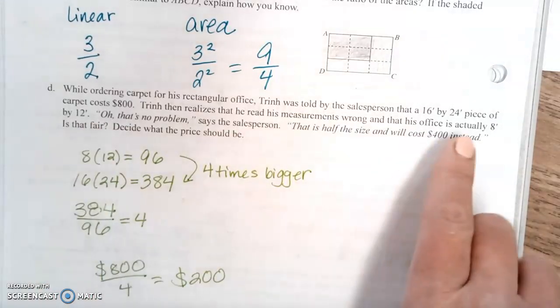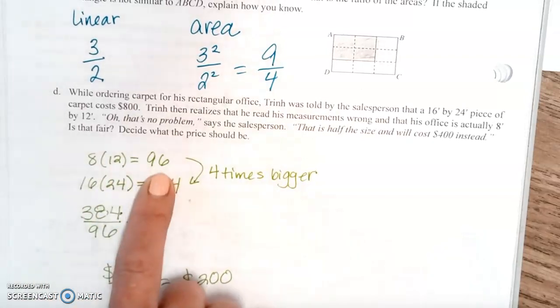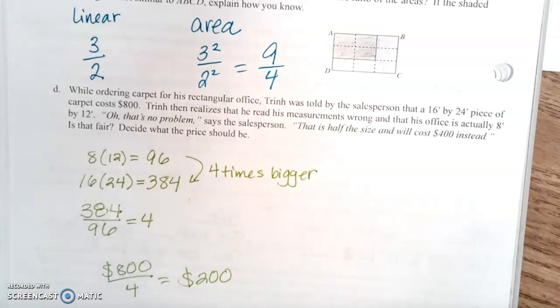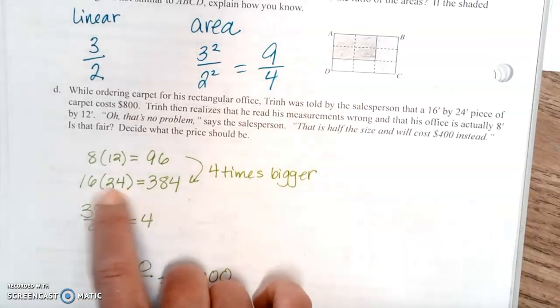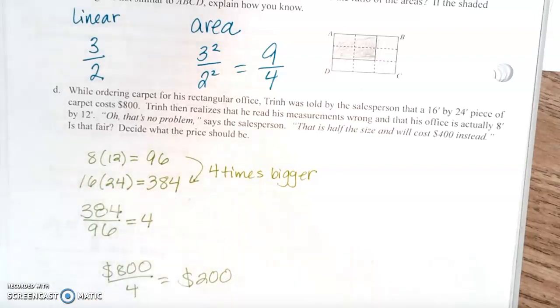So if the office is actually 8 by 12, the area of the office is only 96 units squared versus his incorrect measurements of 16 times 24, which is 384. The salesperson said it was half the size, but it's actually a quarter of the size.